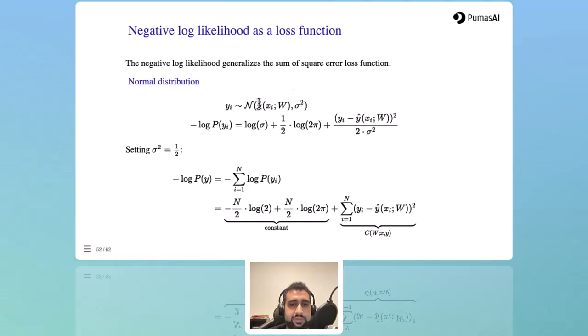And then we have this function y that takes the parameters w and some input x and outputs a value that is the mean, or the individual prediction, of a specific subject. And this here is the actual observation yi, assumed to be normally distributed with this specific mean and some sigma square.